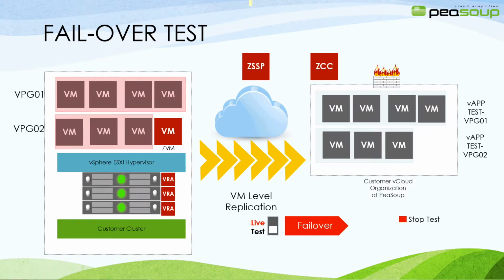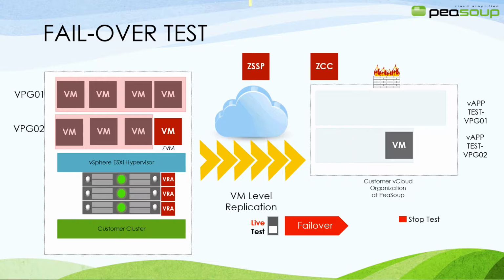Once it's done and everything is tested, we can then press the stop button, which will be presented to you once the test is completely there. When we press the stop button, everything will be removed completely from the cloud environment. Please note that everything that you do during the test inside the cloud environment will be gone. I will show this in the next video.